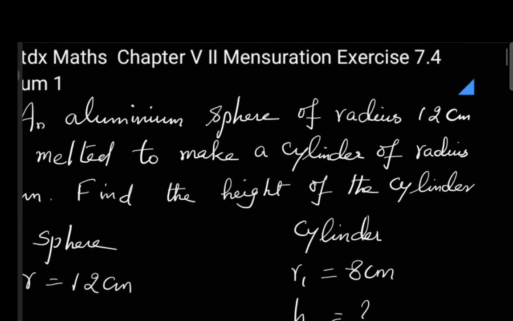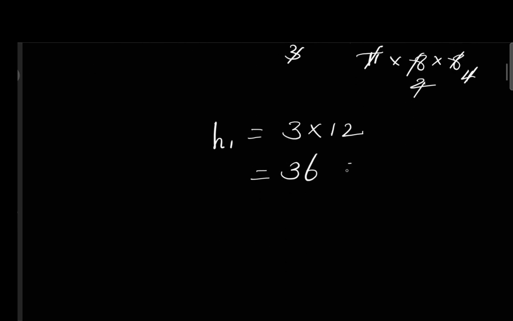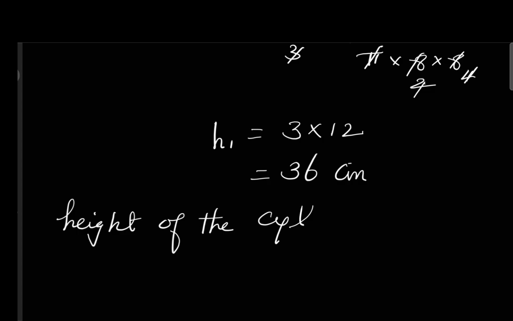All the units are given in centimeter, so h1 is also in centimeter. The question is, find the height of the cylinder. So height of the cylinder is equal to 36 centimeter.